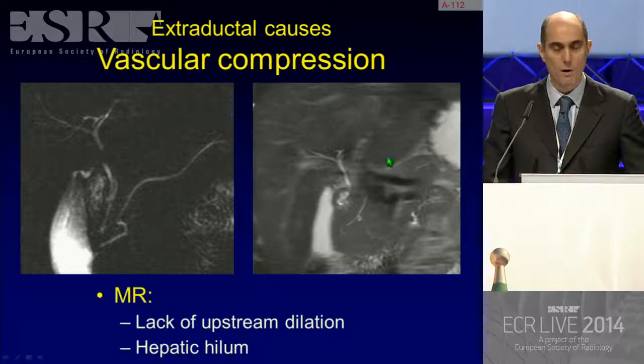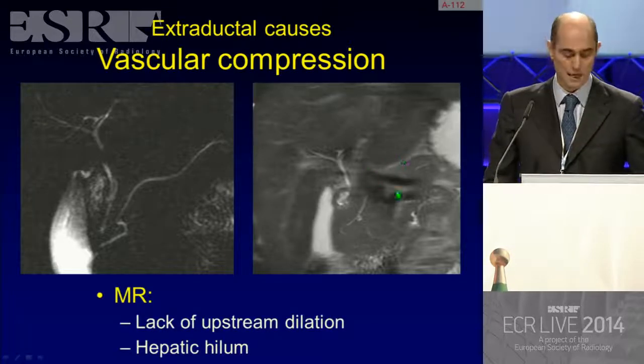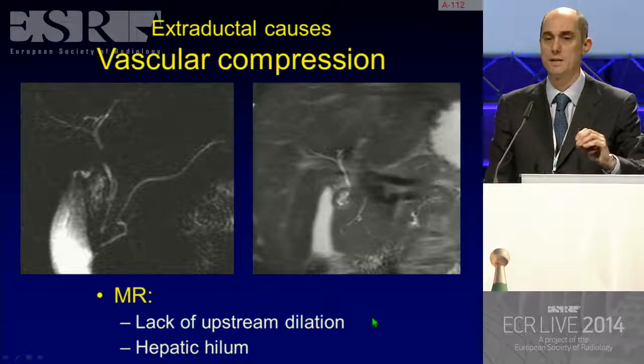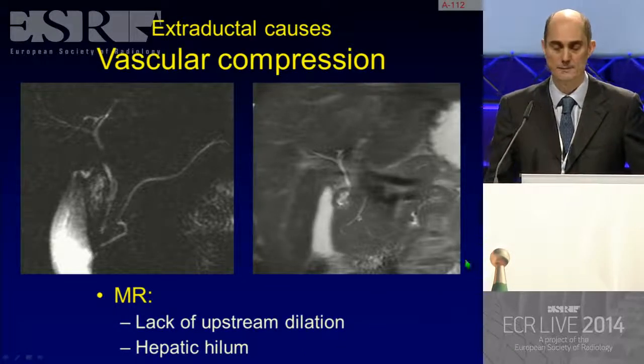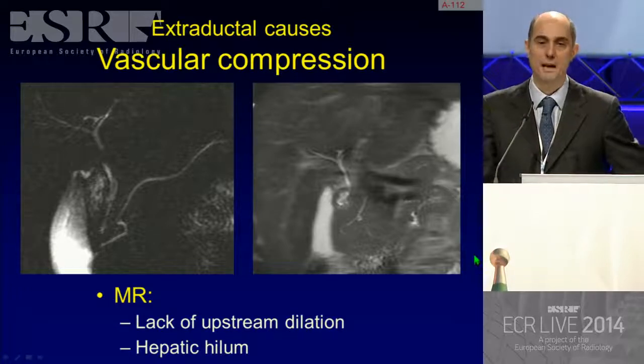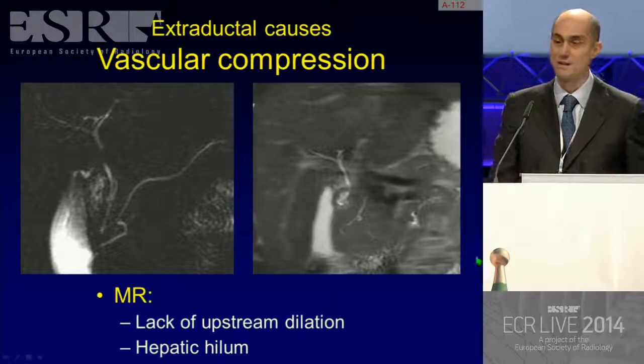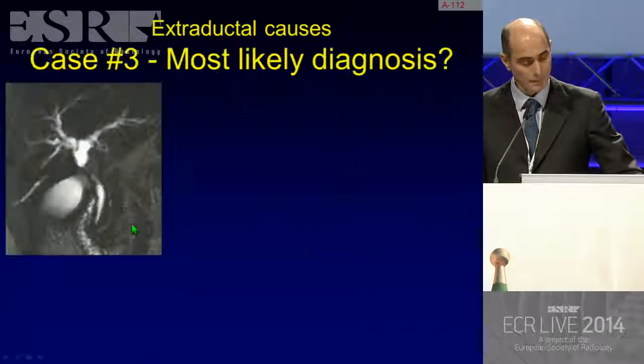The signs that are helpful for this diagnosis are the lack of upstream dilatation, and that it occurs at the hepatic hilum. And so these are helpful to make the diagnosis. I always ask my residents if this is a stenosis or not.